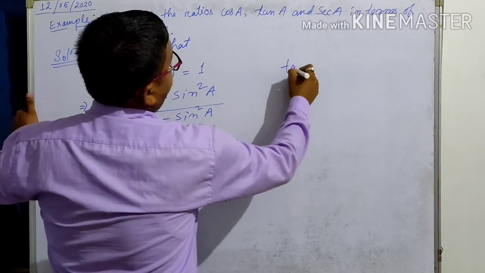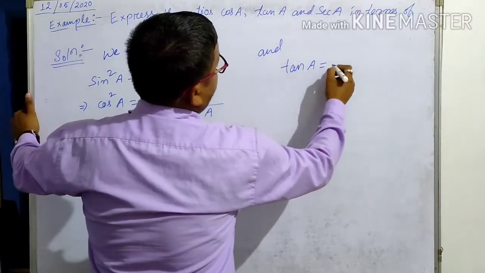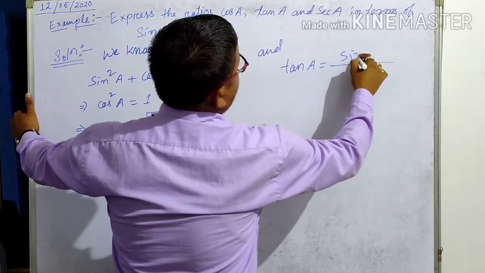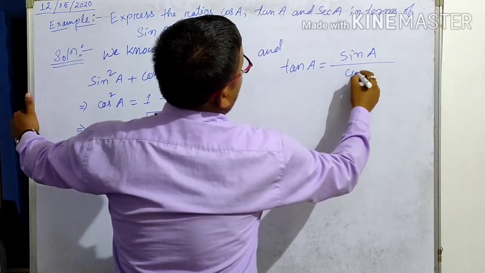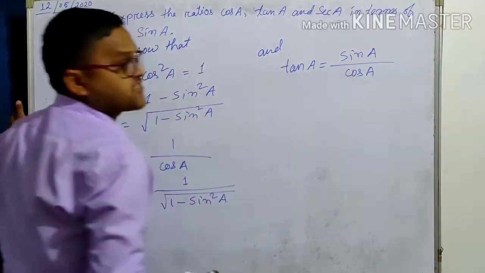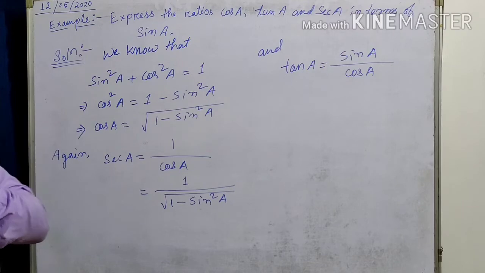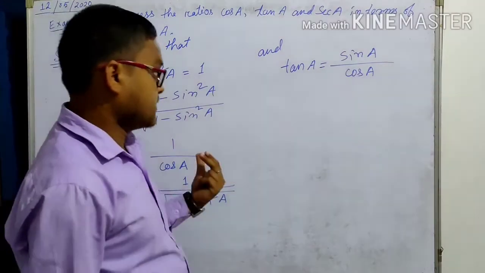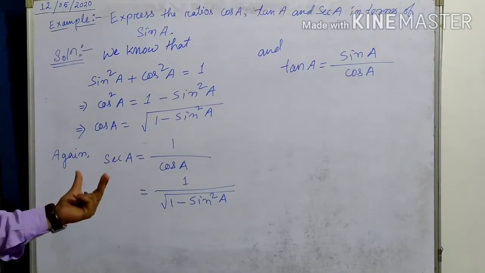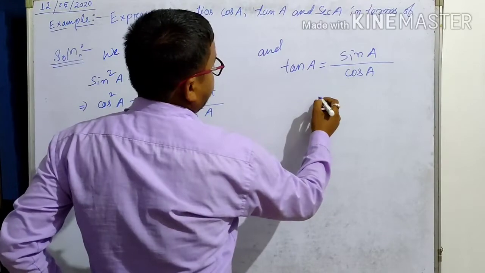So tan a, you can write tan a as sin a by cos a, according to the identity I have already given in the first part. Tan a is equal to sin a by cos a.